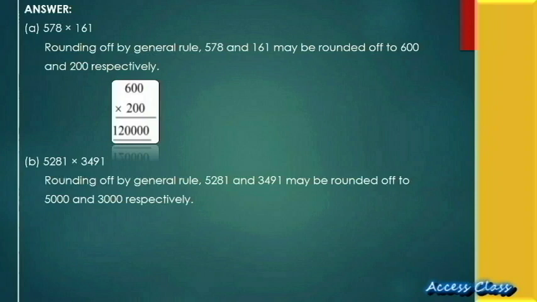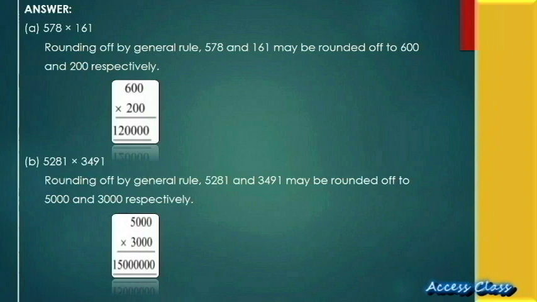So by rounding off 5281 we will get 5,000 and 3,491 we will get 3,000. After multiplying, the same thing we have done earlier. 5 3s are 15 and how many zeros? 1 2 3 4 5 6. So you get 1 crore and 50 lakh.